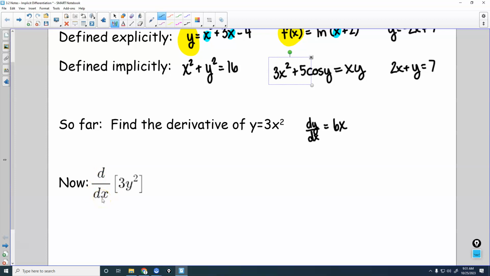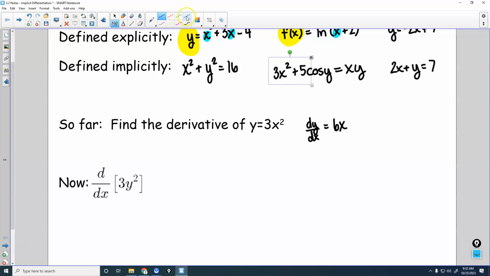That means we're taking the derivative with respect to x. So on everything we've done so far, we didn't have to really worry about that because everything we were taking the derivative of had an x, right? Or maybe we used a different variable like a t, but we were still taking the derivative with respect to that variable, right? So whenever we take this derivative, we're taking the derivative with respect to x.